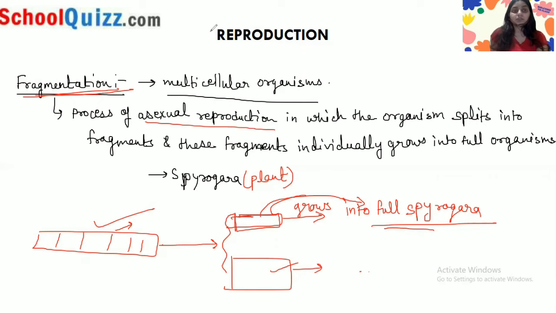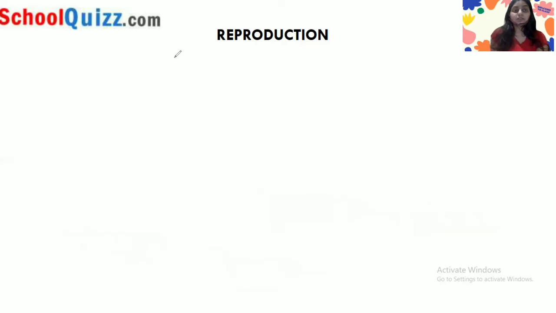Okay, so let's move to the next, and next we have regeneration. First understand all these topics, then we will differentiate one by one and compare from one to another.